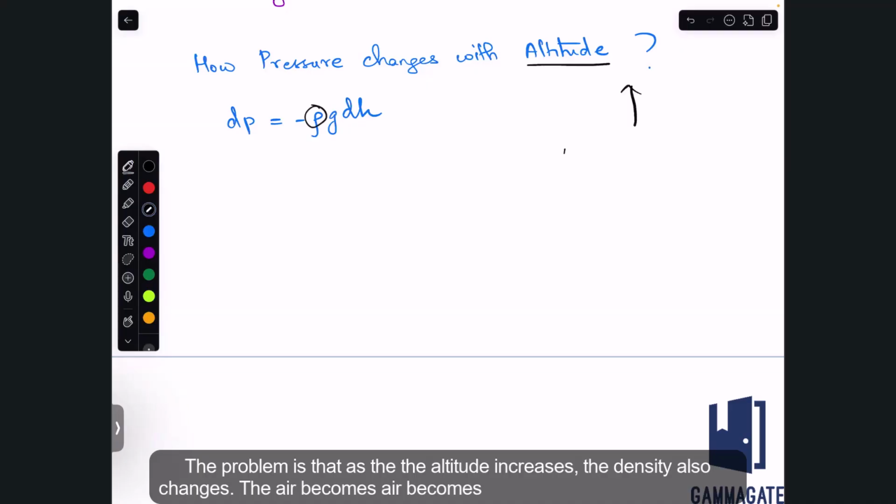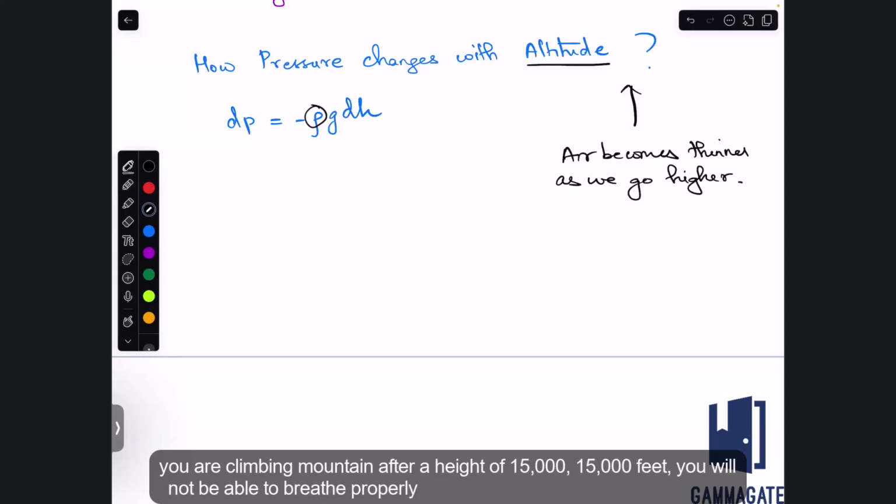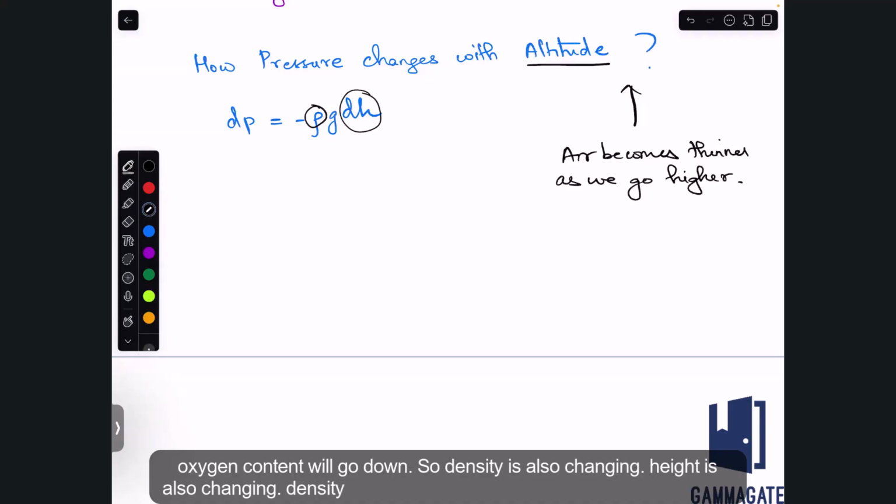The air becomes thinner as we go higher. That's why when you are climbing mountains, after a height of 15,000, 16,000 feet, you will not be able to breathe properly, because the air is becoming thin and the oxygen content goes down. So height is changing, density is also changing. So there is a problem.